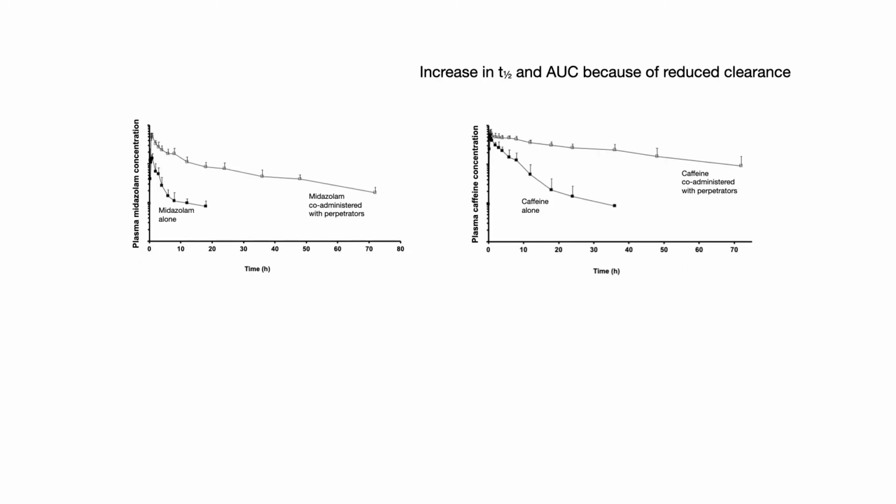Let's just compare midazolam and caffeine. This is an interesting bit of pharmacokinetic interpretation because you can see they both have an increase in half-life and the area under the curve because the perpetrators have reduced the clearance of those drugs.